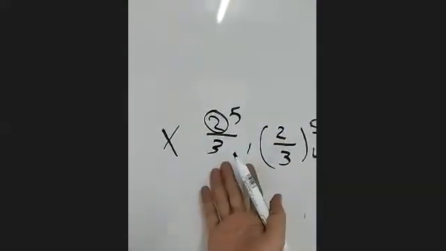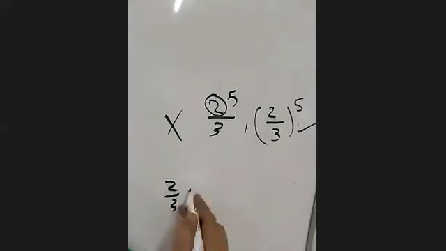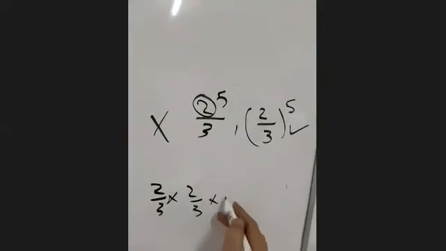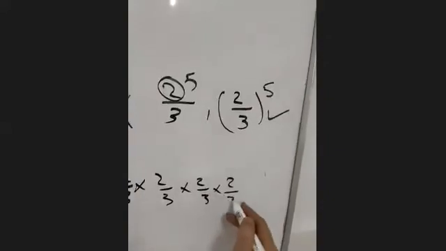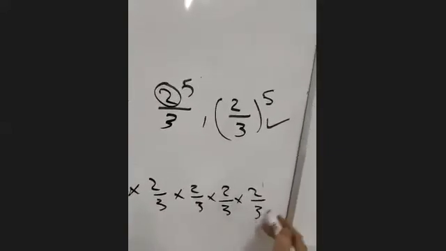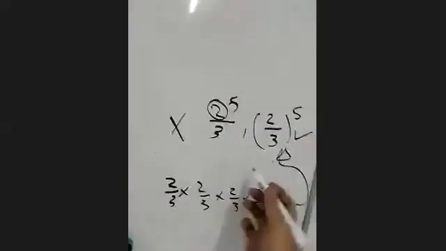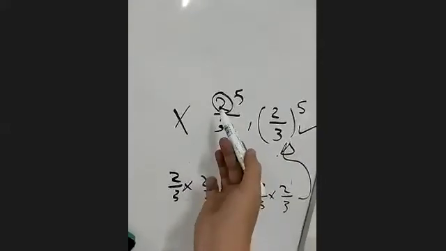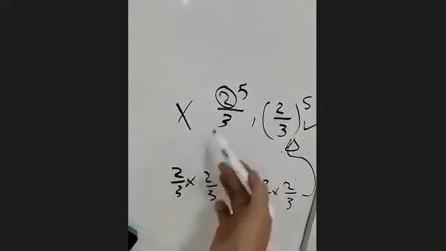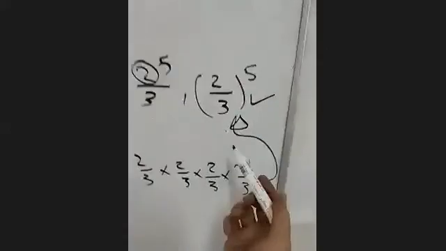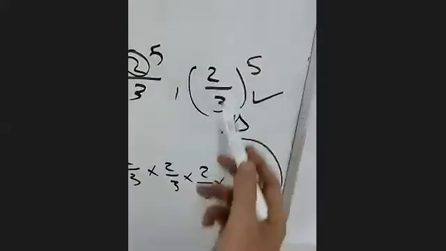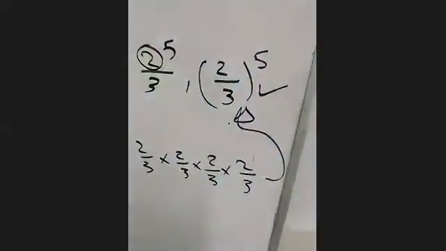So if we multiply 2 over 3 by itself 5 times, this is the correct way, and this one is wrong. This one means 2 only to the power 5; the 3 is not related. But here, 2 over 3, all to the power 5. This is a note you need to care about.